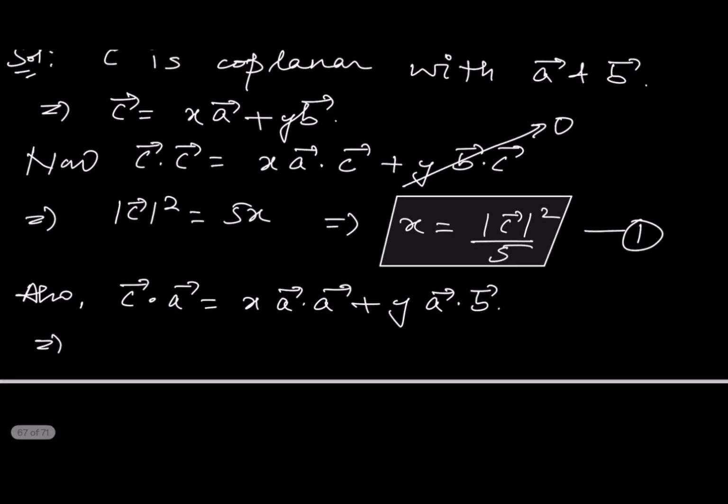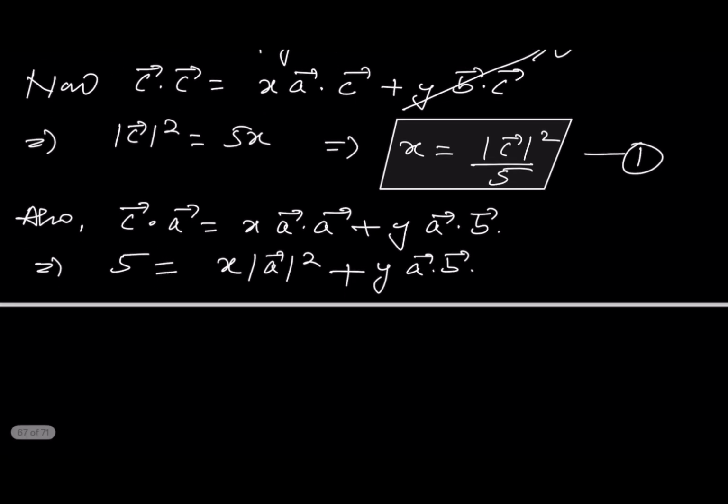So this is again 5 is equal to A dot A, which is mod A square, times x, and this is y times A dot B. And A dot B is what?